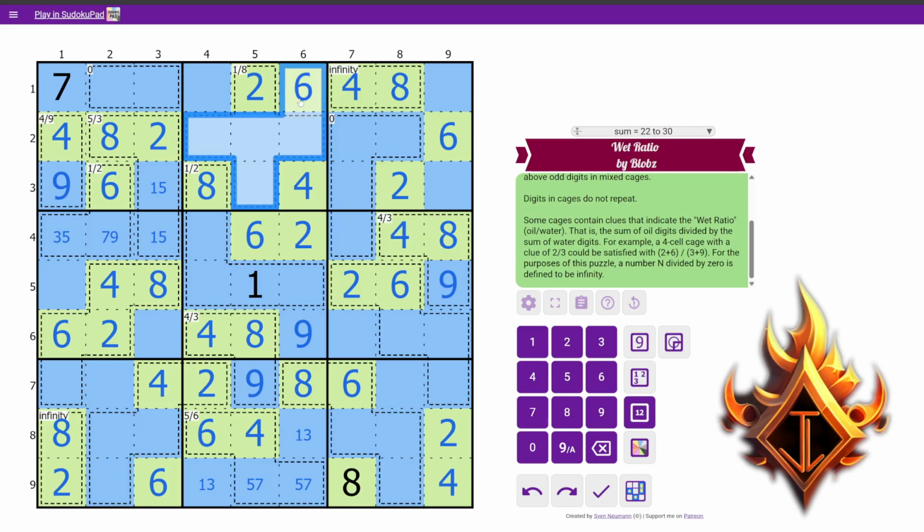So 26, 27, 28, 36. So that is 9. Because that is what is left over from 45.